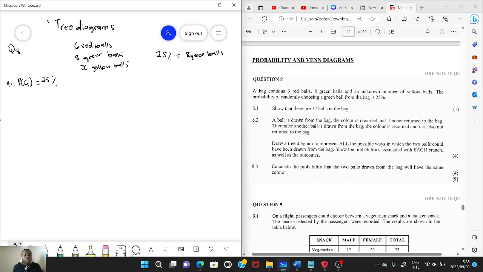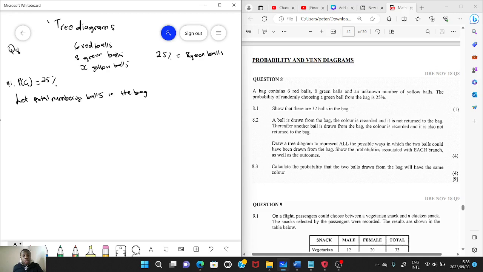And then on 8.1, I'll let the total number of balls in the bag be equivalent to y.